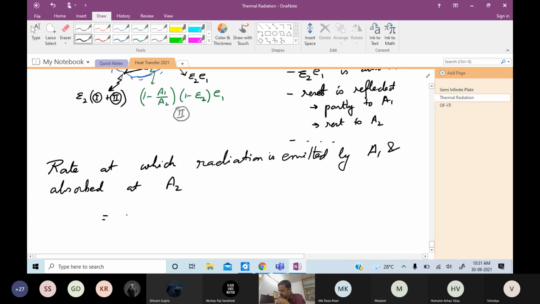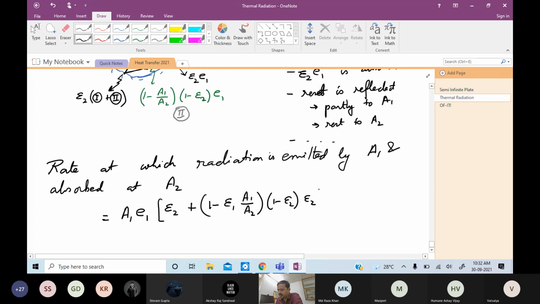The first one was, of course, the amount of radiation that is emitted, A1 E1, times epsilon 2, plus the second one was 1 minus epsilon 1 times A1 by A2 times 1 minus epsilon 2 times epsilon 2.